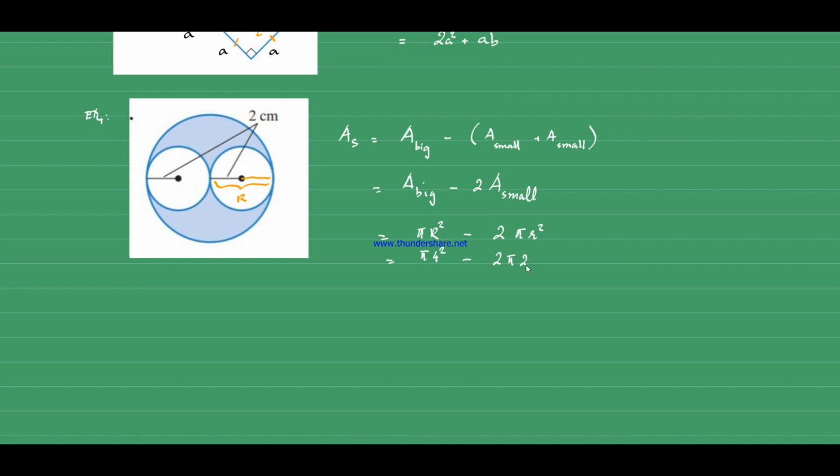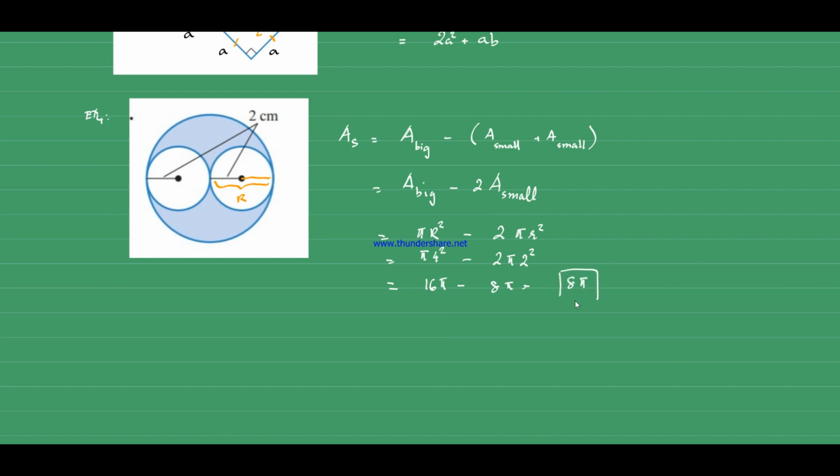The radius of the small circle is 2. So it will be 16 pi minus 2 times 2 raised to the second power is 4, 4 times 2, 8 pi. So 16 pi minus 8 pi is 8 pi.